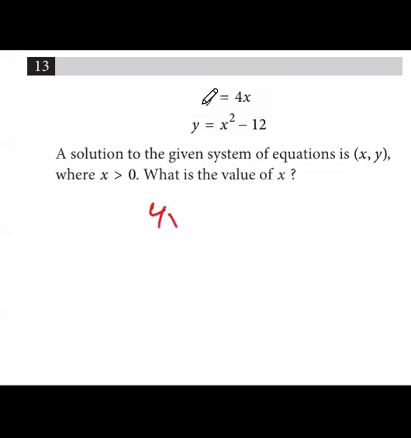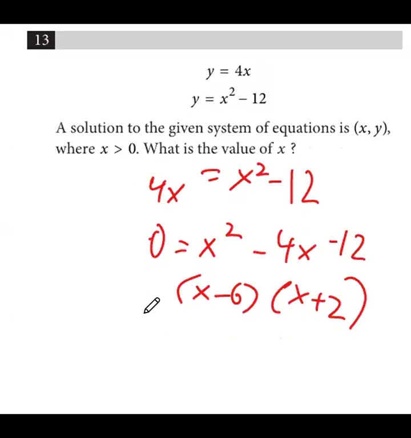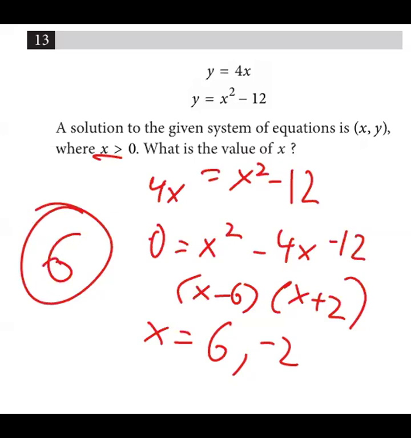So we just substitute: 4x equals x squared minus 12, so 0 equals x squared minus 4x minus 12. To solve, this would be x minus 6 and x plus 2, because negative 6 times positive 2 is negative 12, and negative 6 plus 2 is negative 4. So x is equal to 6 and negative 2. We're told x is greater than 0, so the correct answer here is 6.